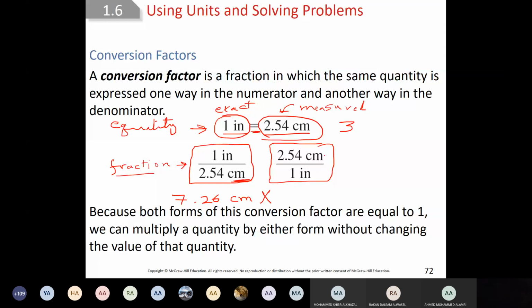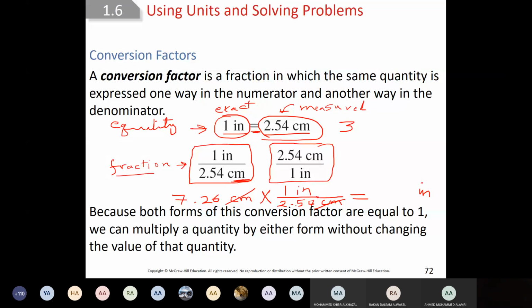This one has centimeter, but this one has inch in the bottom, so I will use this one. I will go 1 inch divided by 2.54 centimeter. If I multiply this by this one, the centimeter with the centimeter will go away, and your answer will be only in inch.